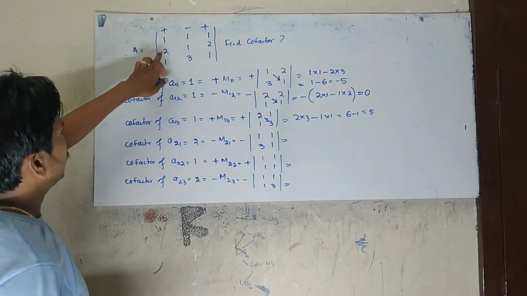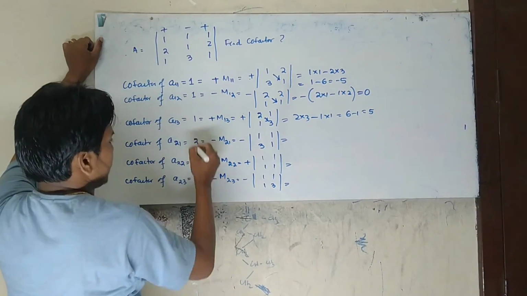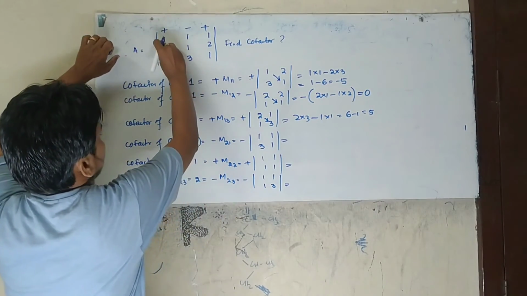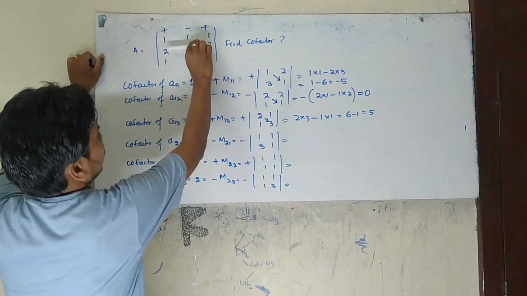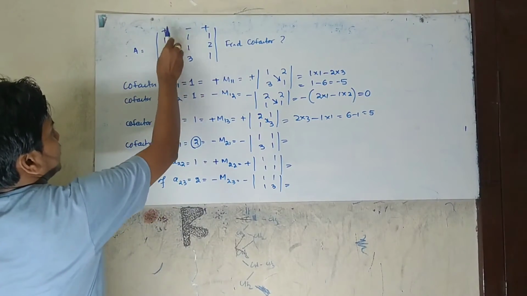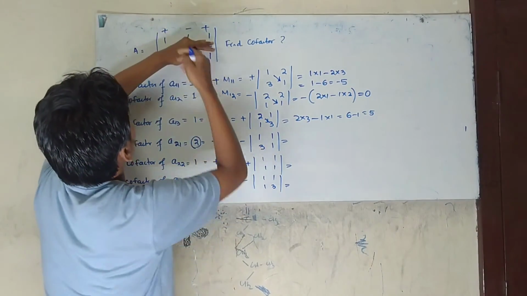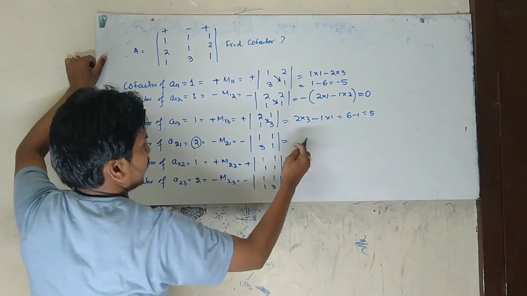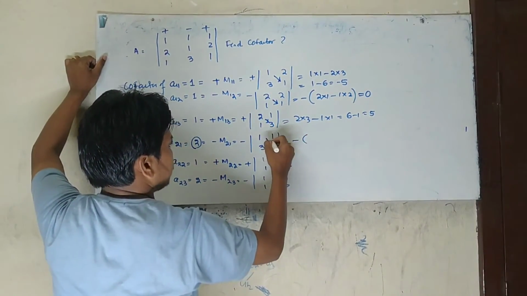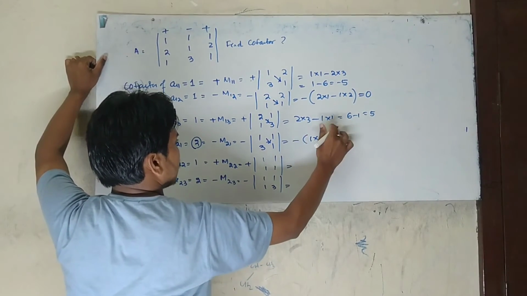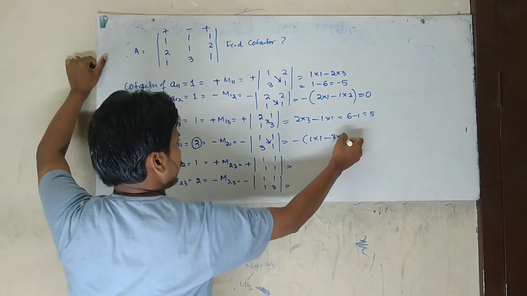Now the cofactor of A21. A21 means this element is 2. So you have to delete this row and this column. So 1 1 3 1. Now multiply 1 into 1 minus 3 into 1.